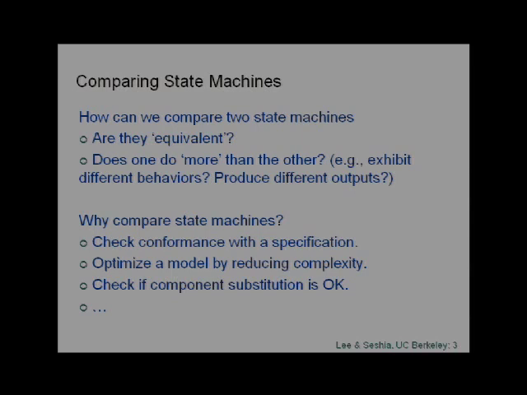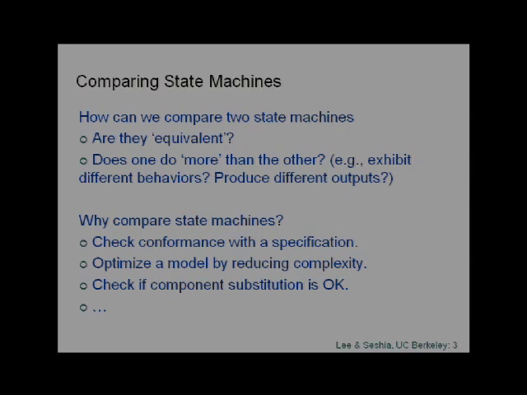Okay, and if you had the M3, which doesn't support floating point operations, and you have the M4, which does support floating point operations, then the set of inputs that the M3 takes is a subset of what the M4 takes, right? So in some sense, the Cortex M4 does much more than the Cortex M3. Okay, so how do we define this precisely? That's another question we'll look at.